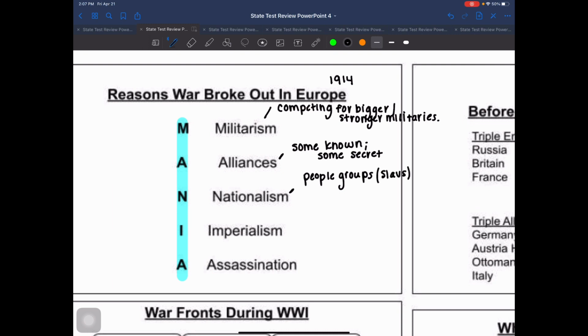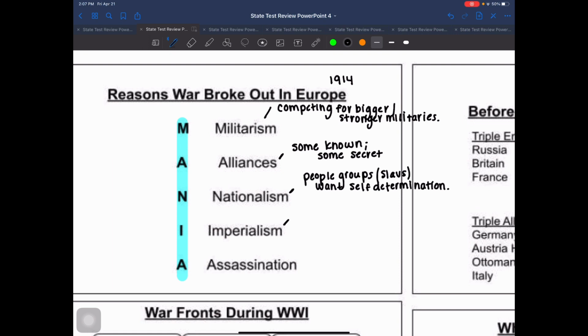They want what is known as self-determination. This is also known as self-rule. They want to establish their own independent nations, to be able to rule over themselves. All right. So again, that's going to cause some tension. There are some people groups throughout Europe that are being controlled by bigger empires like Austria-Hungary and Germany and places like that. Okay.